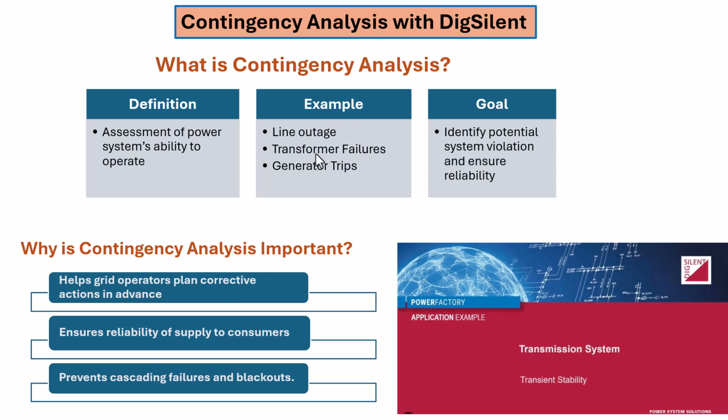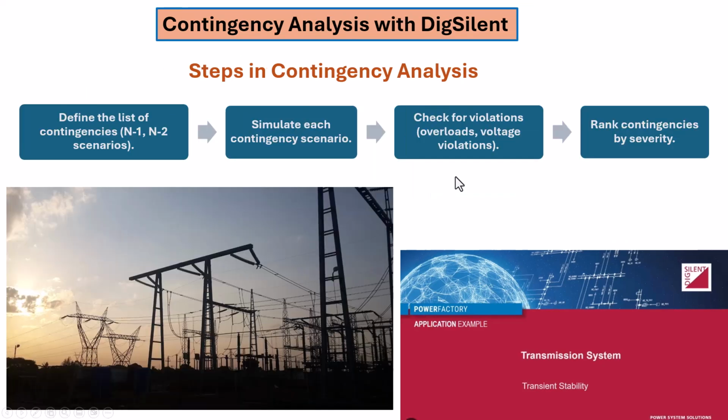Great. Now, let's look at the steps involved in running a contingency analysis. First, we define the list of possible failure scenarios. When you find yourself in DigSilent PowerFactory, you will see a parameter that will give you N-1 or N-2.